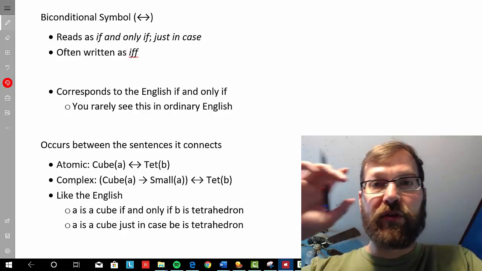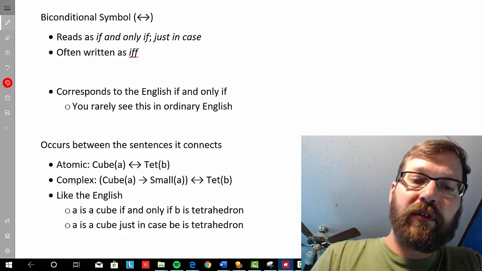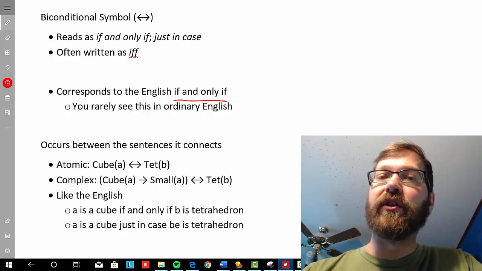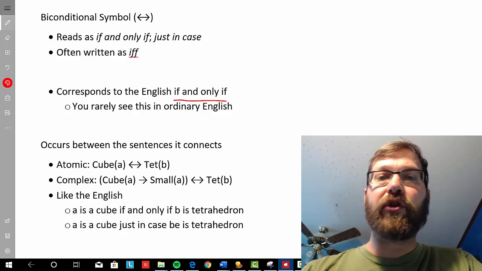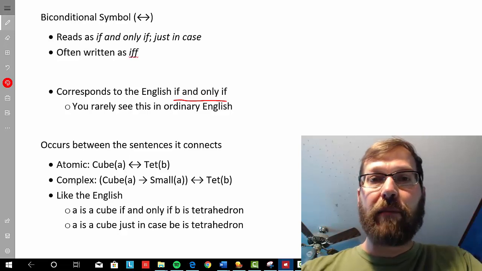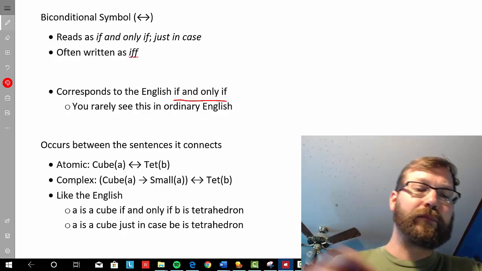And what the biconditional symbol roughly corresponds to is the English if and only if. Although, at least in my experience, in ordinary language with everyday people who aren't logicians or philosophers or mathematicians, I hardly ever come across if and only if.